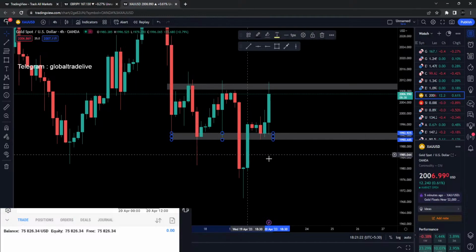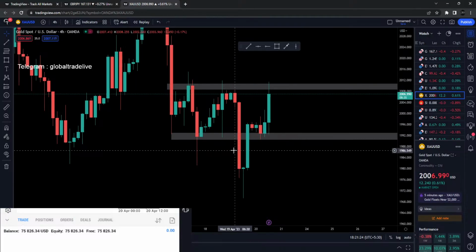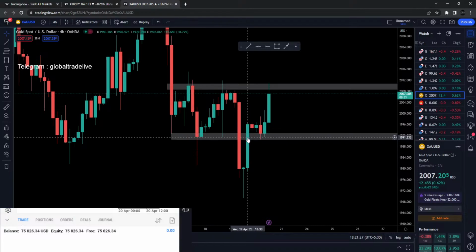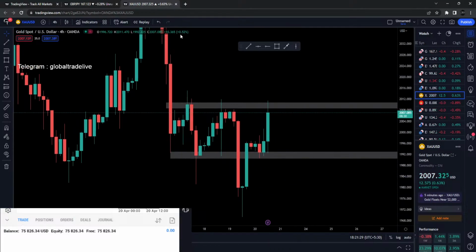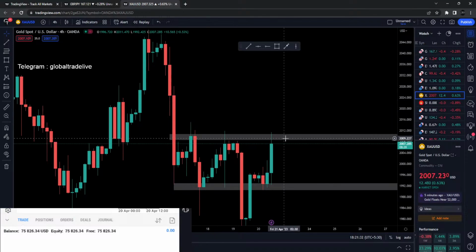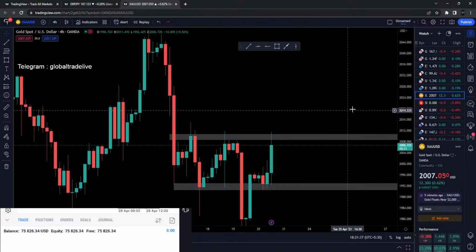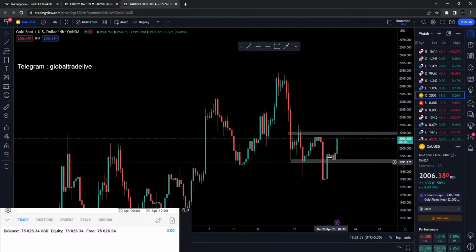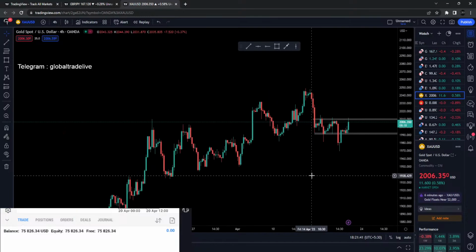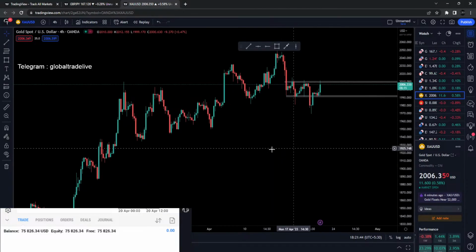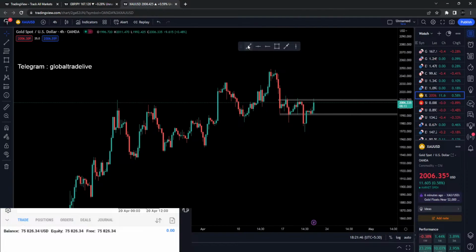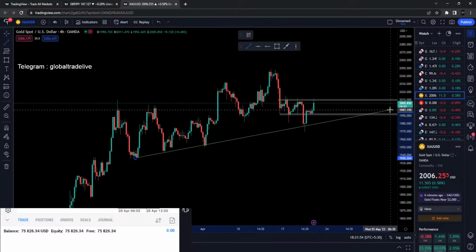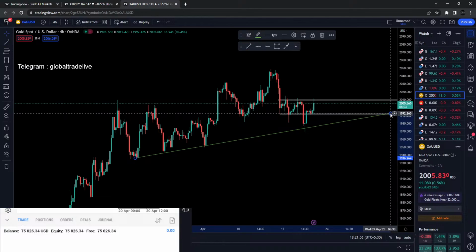So there was a support over here, this was a fake out, then it took a support from this support, and then it went up. So now we have this clean range to the upside. It's just that we have to wait for the 4 hour candle to close and then execute some trades. Let's draw some trend line over here as well. Yeah, this is good.